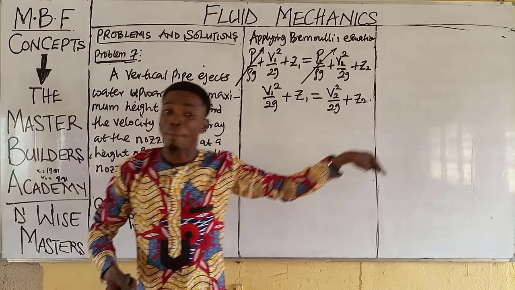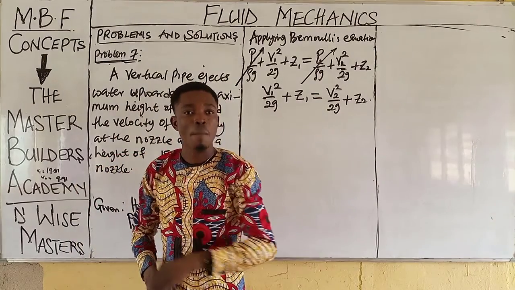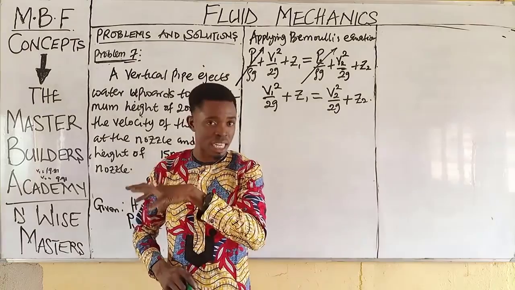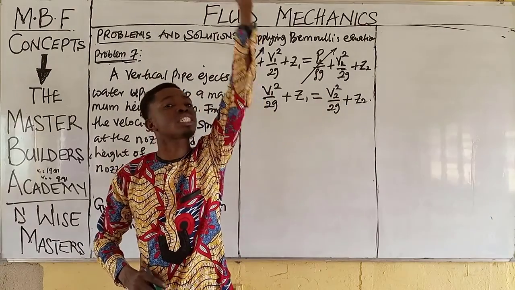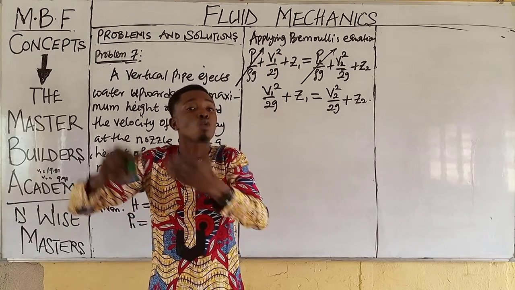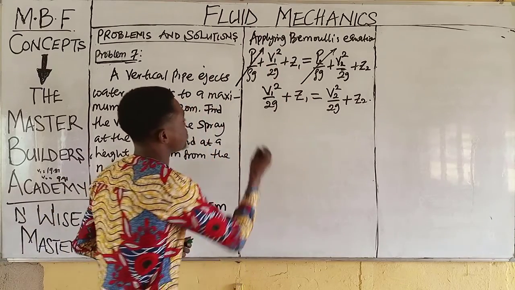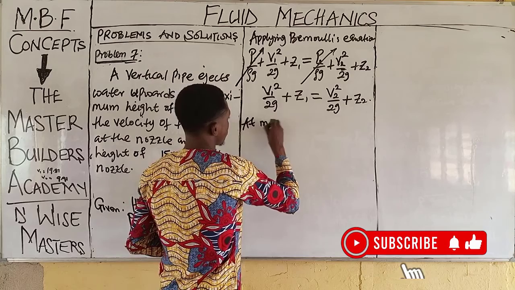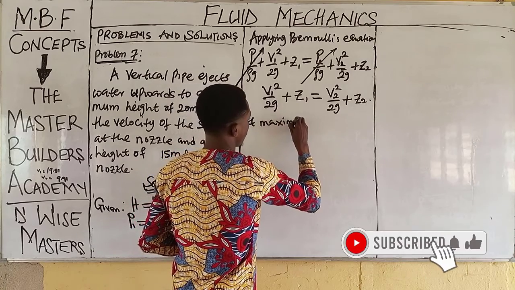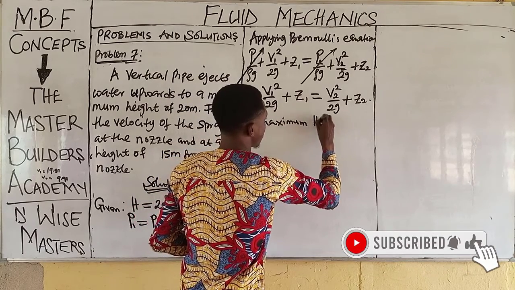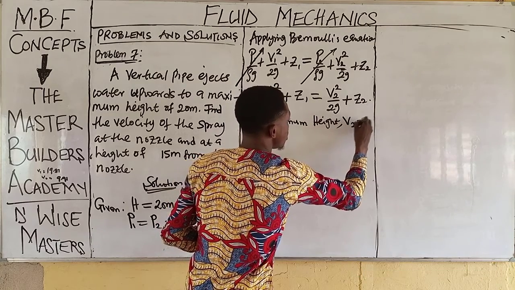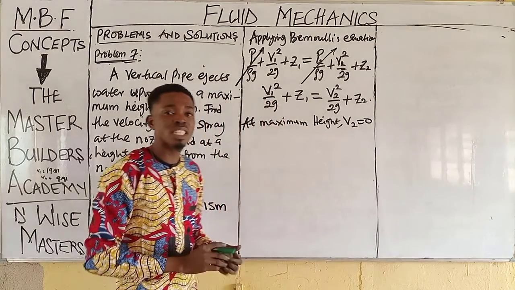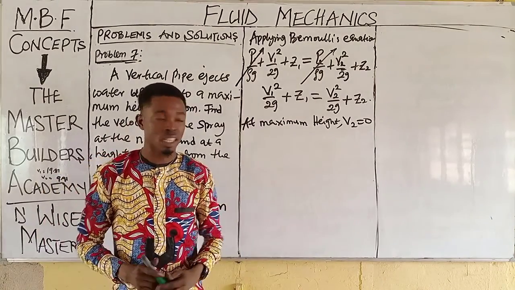If I remind you of the course projectile, you remember that topic. Anytime an object attains a maximum height, the velocity at that point will always be 0. Therefore, at maximum height, V2 is equal to 0.